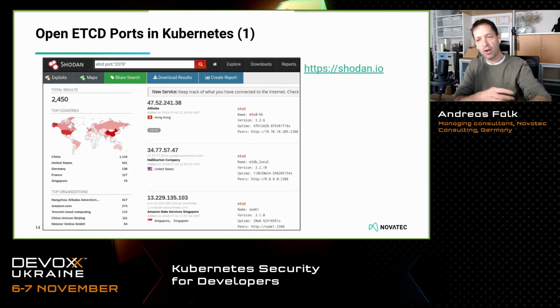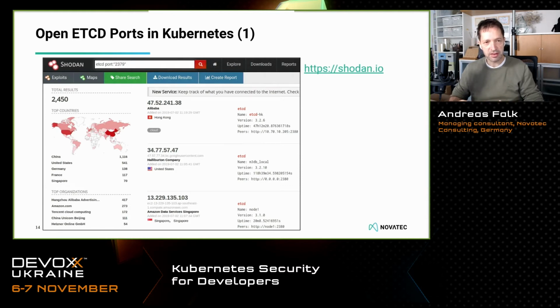Also, as always for other software, look for open ports on the internet for your Kubernetes cluster. One very prominent port is the so-called etcd port. I will tell you more details on etcd a bit later, but for now, etcd is the central database for Kubernetes clusters that stores all the important configuration.